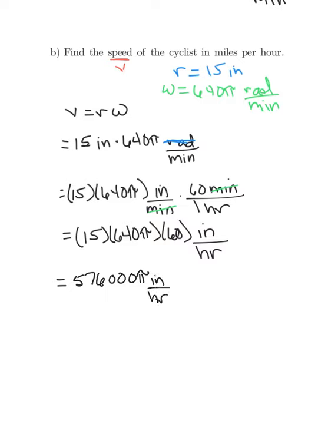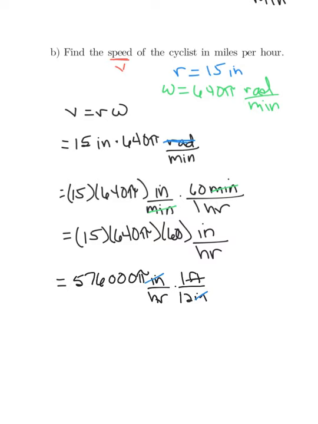The problem is we need miles, so we need to get the inches out of there. So we need to do 1 foot and 12 inches. Inches need to go in the bottom. So now inches is gone. Problem is now we have feet an hour.